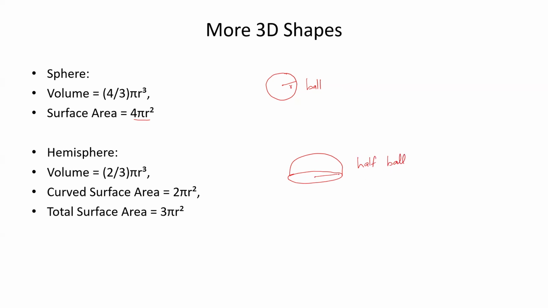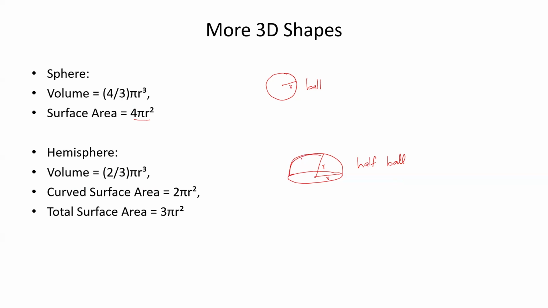Let's say this is the center. Again, you just connect any line to any surface. It will be R, right? Because ball is uniform. So you are just cutting it into half. Now, volume of a hemisphere is half of the volume of the ball, isn't it? So it is half. So 2 by 3 pi r cube.